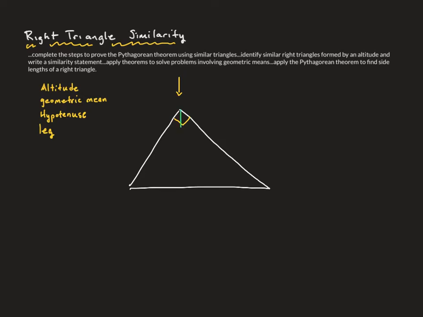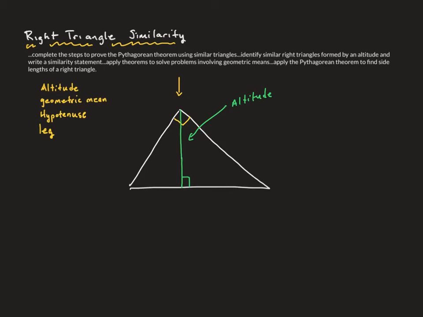I drew a segment perpendicular from the vertex to the opposite side, or to the line containing the opposite side. So that is an altitude right here. This would be an altitude in a right triangle.